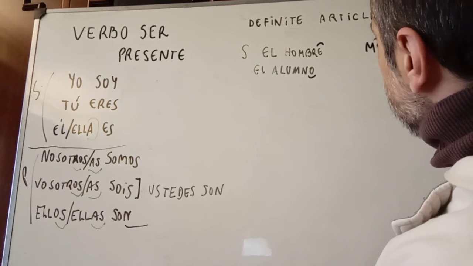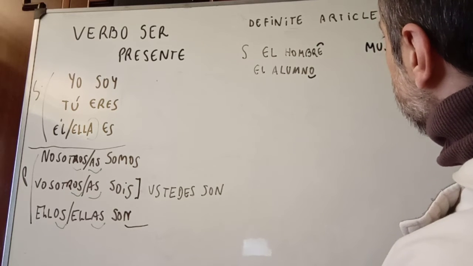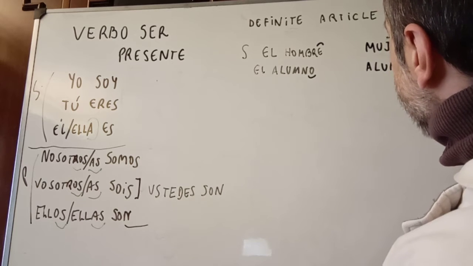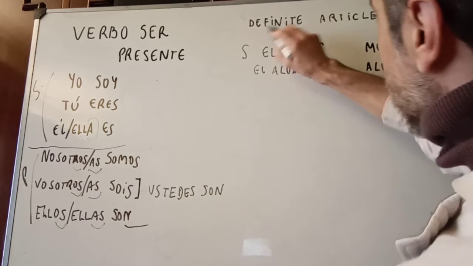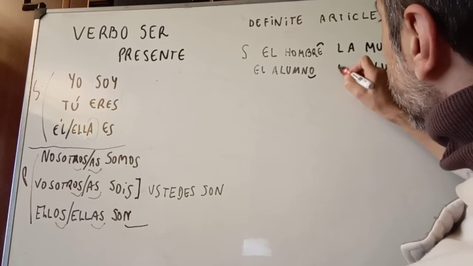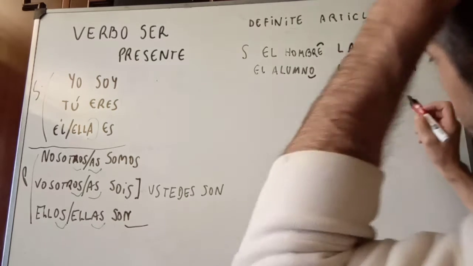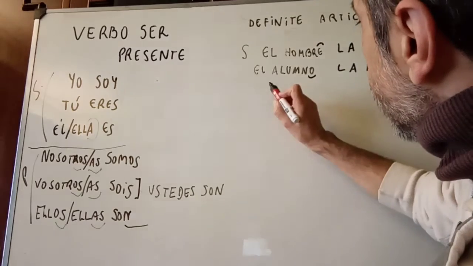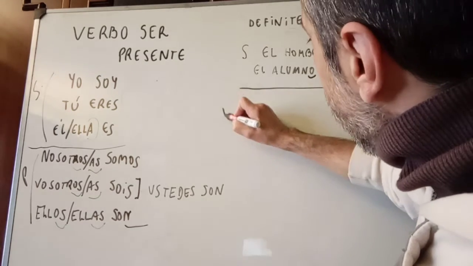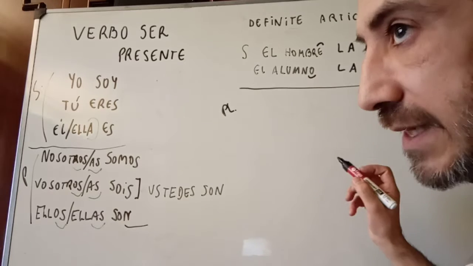When we are talking about feminine gender, we use another definite article. La mujer, la alumna. This is the singular. And the plural, let's start with the easiest one.